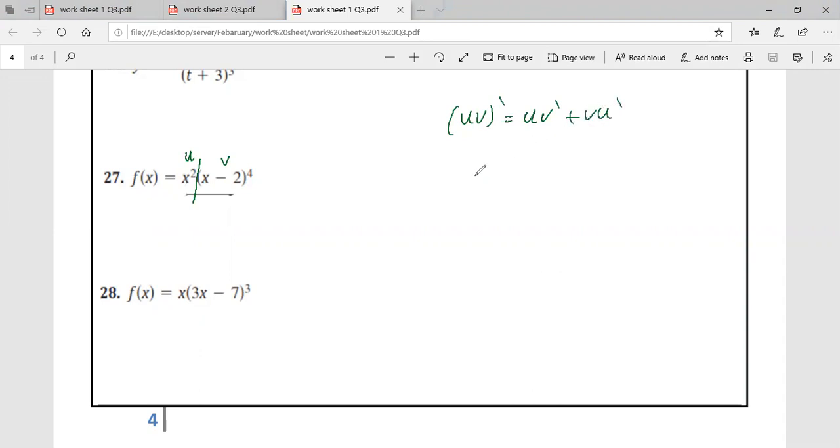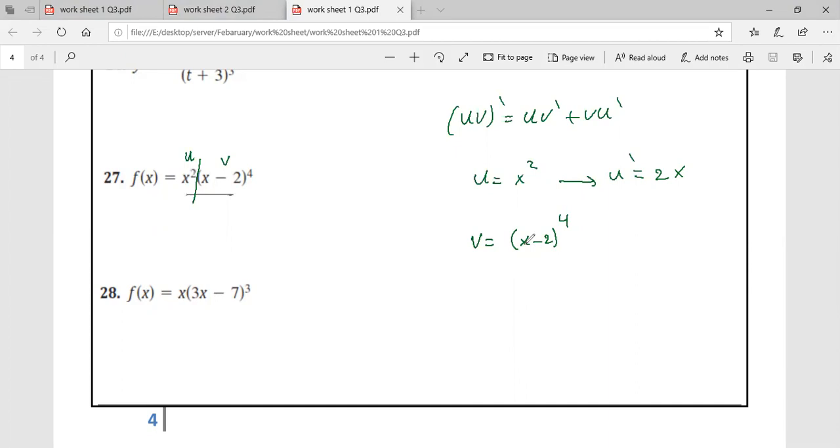I have to identify what is the function u and what is the function v. u here will be x squared, so its derivative will be 2x. All of you know how to get the derivative, just apply the rule. This one, x minus 2 to power 4. This is a bracket raised to an exponent.